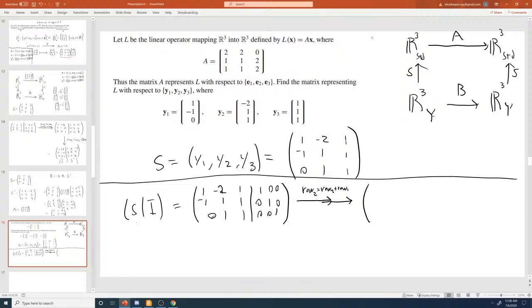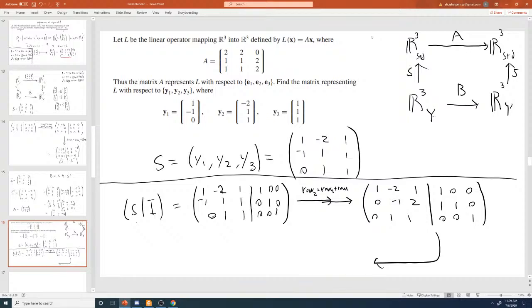If we do that, we're going to get 1, -2, 1, and then 0, -1, 2, and then 0, 1, 1. And then on the other side of the augment, we're going to have 1, 0, 0, 1, 1, 0, 0, 0, 1.